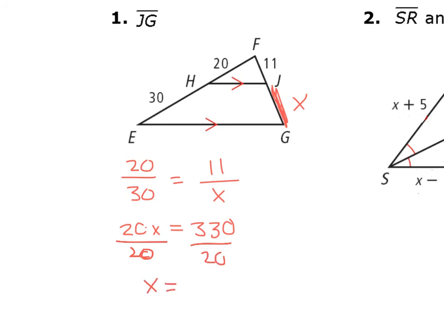And what do we get for x? 16.5. Can we leave it as a fraction? You could leave it as the fraction 33 over 2, because that's simplified. So as long as your fraction's in simplest form, you can leave it as a fraction.